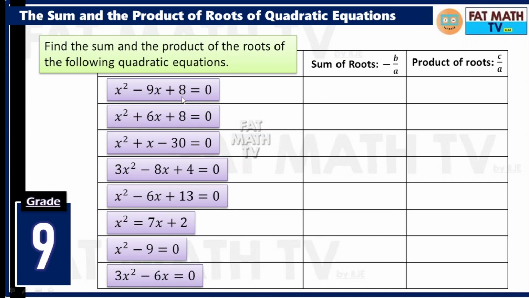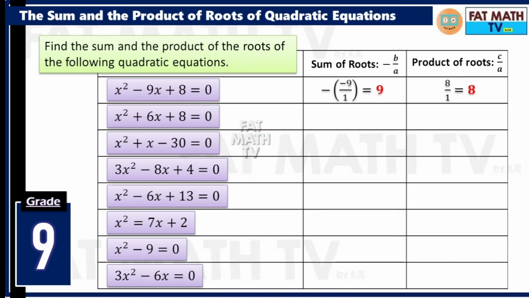So the sum of the roots is negative of b over a. So negative of negative 9 over 1, that is positive 9. And the product of the roots is c over a. Our c here is the constant term, that is 8, over a, which is the coefficient of x squared. So that is 8 over 1, which is 8.